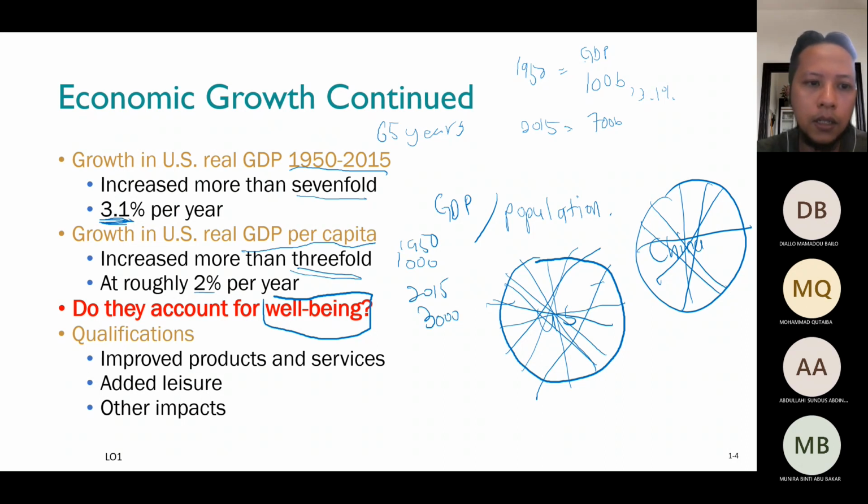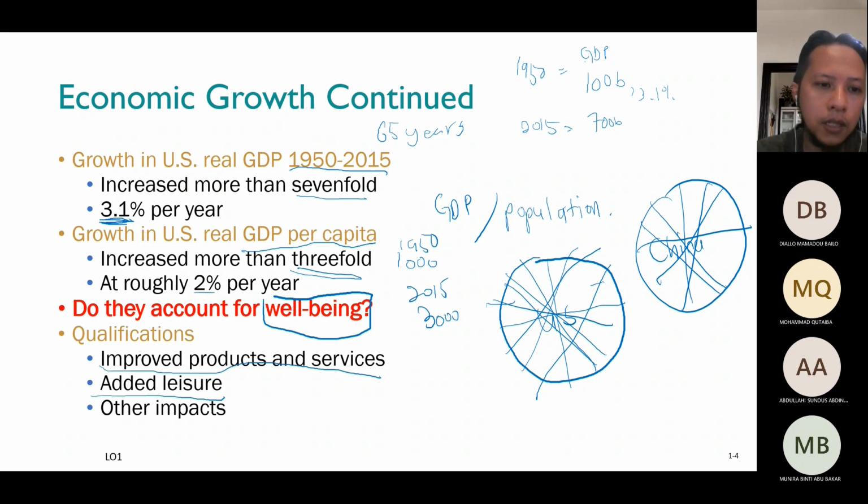So for example, there is maybe also improved products and services, right? So when you compare 1950 to 2015, of course, there are a lot of improvements in terms of products and services, especially when it comes to technology. Okay, and then there may also be added leisure in terms of how we work. Previously, maybe it was hard to work, but later on, there was more leisure.